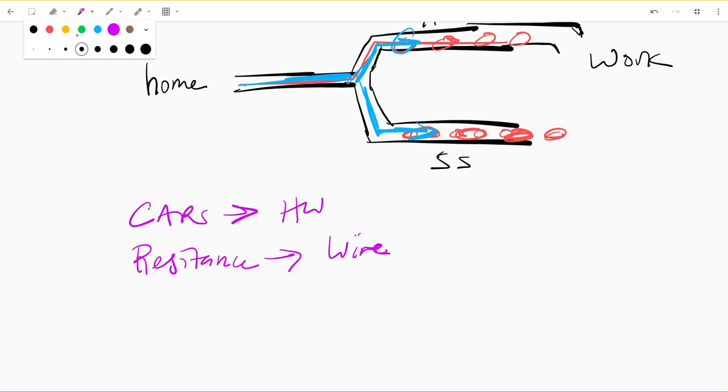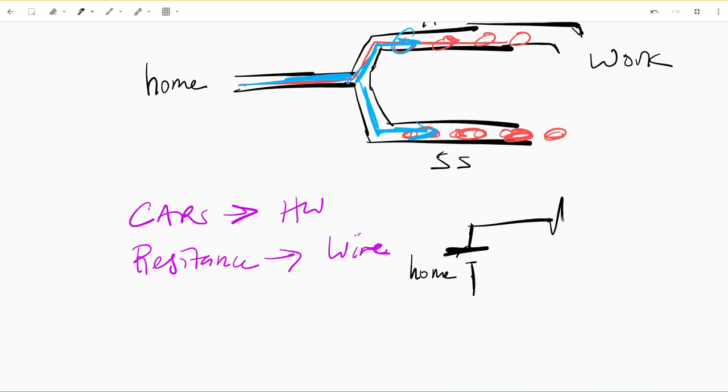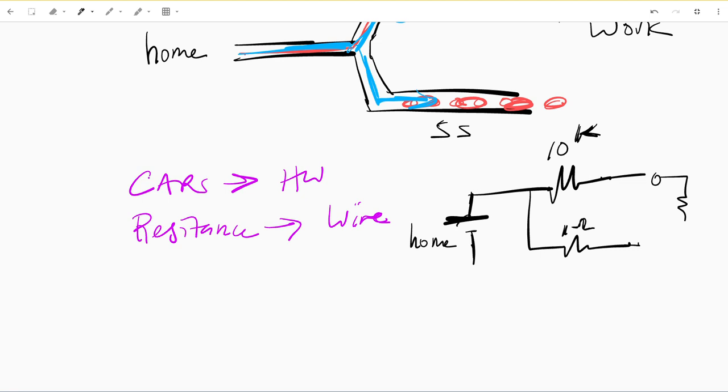So simply put, in a schematic, if you have a voltage source, this is the home in terms of the analogy, and you have a 10K ohm resistor and a 1 ohm resistor connected, and this would be like your load RL. So this is your work. Your RL is your work.